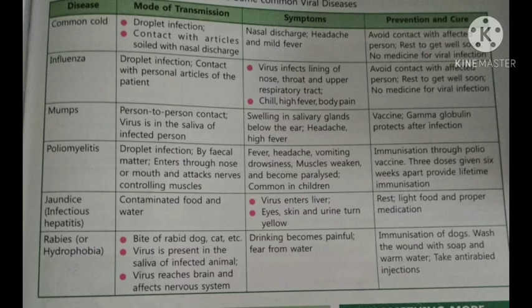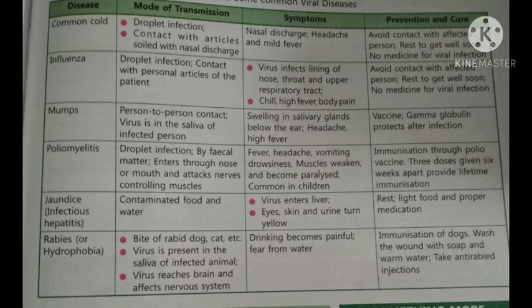Doses are given at six-week intervals, providing lifetime immunization. So three doses are given to prevent poliomyelitis in children.